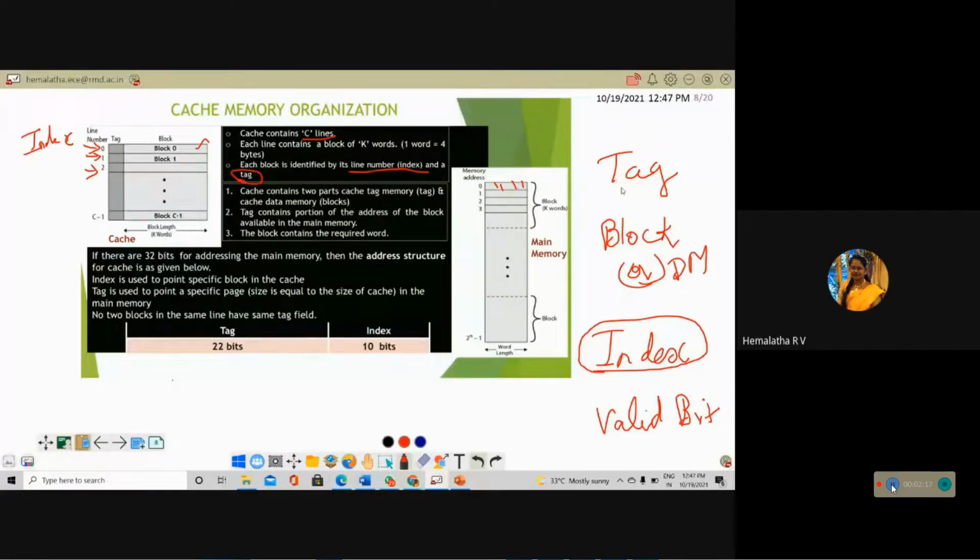So what is the use of this tag number? The tag, or tag memory: what is its purpose?